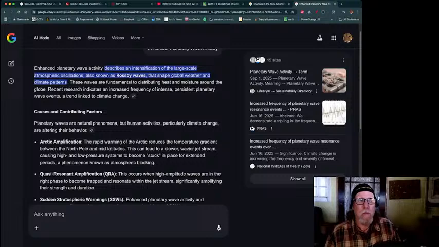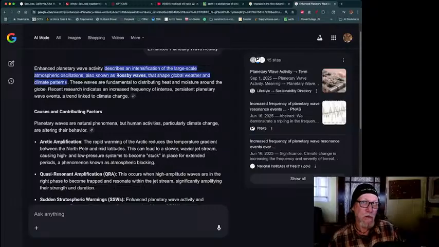Deal with it. Enhanced planetary wave activity describes an intensification of the large-scale atmospheric oscillations, also known as Rossby waves, that shape global weather and climate patterns. Emphasis on the latter. These waves are fundamental to distributing heat and moisture around the globe. Yeah, that's the thing. Heat.